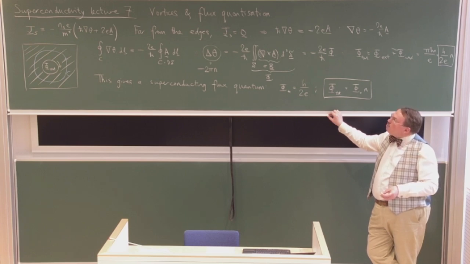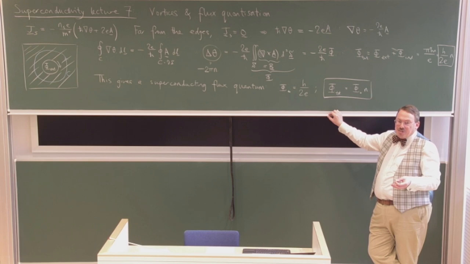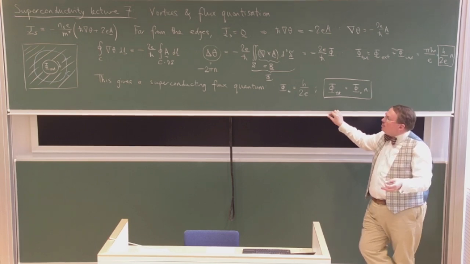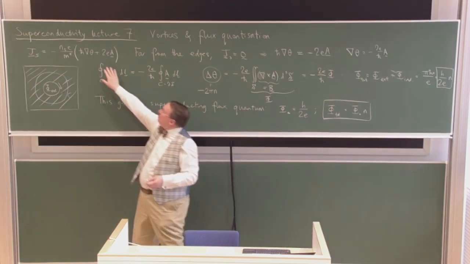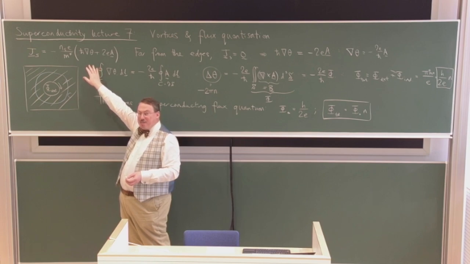Absolutely. And notice that it emphasizes that there is a reality to the superconducting order parameter. Although there's only one gauge invariant combination, which is this combination here, gradients of the order parameter by themselves are not gauge invariant. The order parameter is real enough that demanding that it be single valued gets you observable consequences.